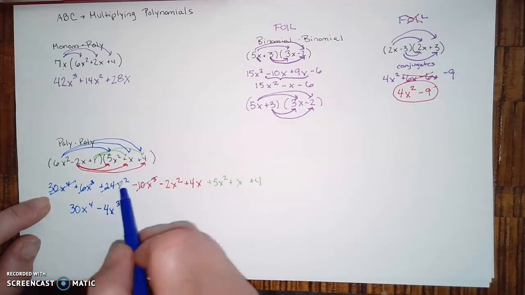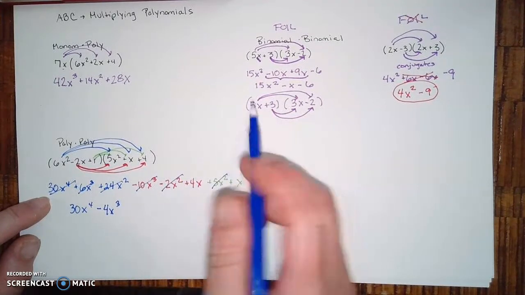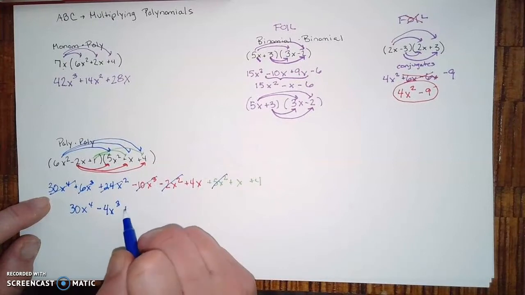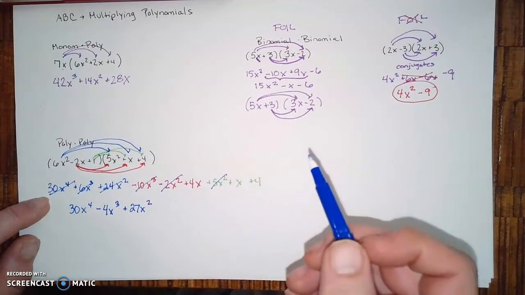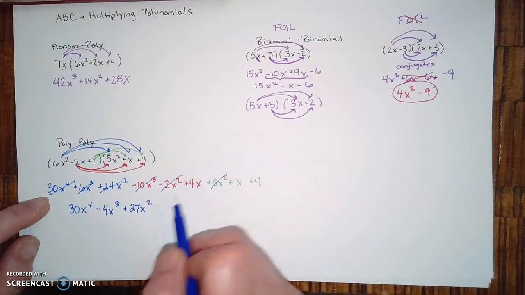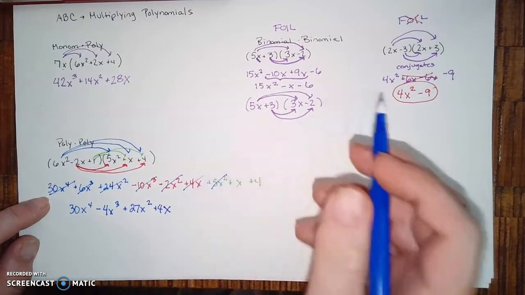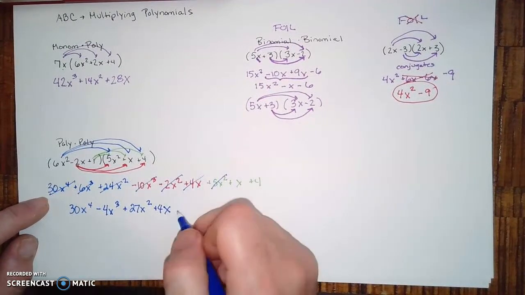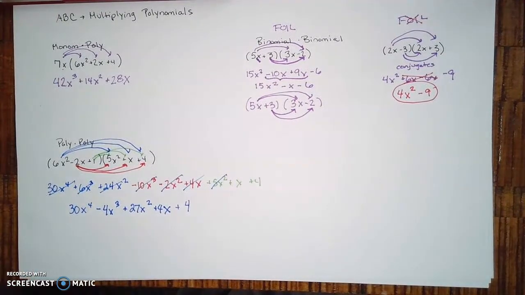I've got a 24, a negative 2, and a 5. So that's plus 27x squared. And then I have 1 4x. I cross it out just so I see what's going on there. And plus 4. And that's all it is for polynomial multiplication.